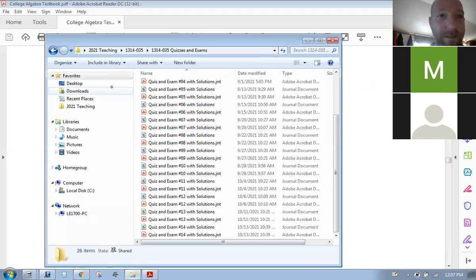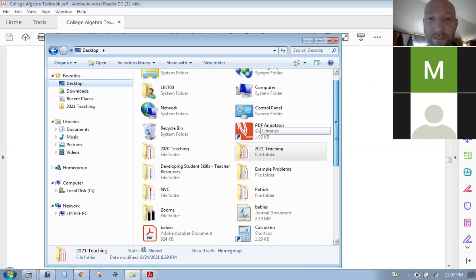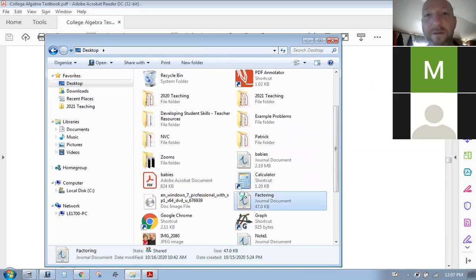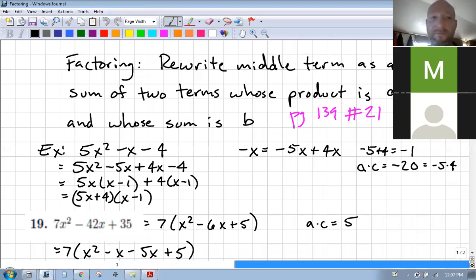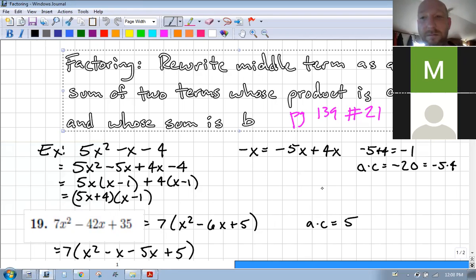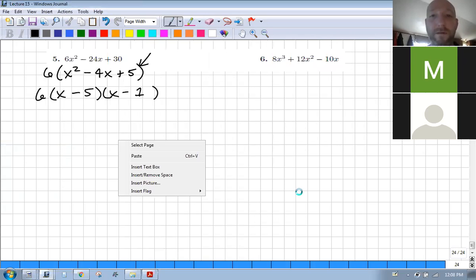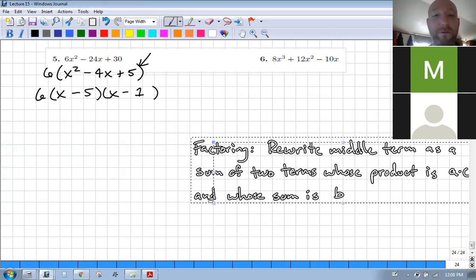So to do these, there's a trick. I need to look it up so I can remember it. A factoring trick. Rewrite the middle term as a sum of 2 terms whose product is AC and whose sum is B. Okay, so this is the trick for grouping.